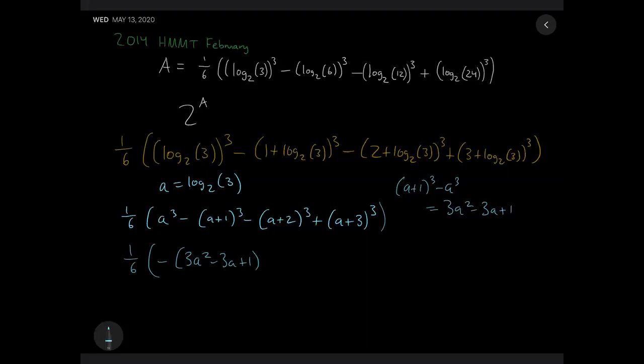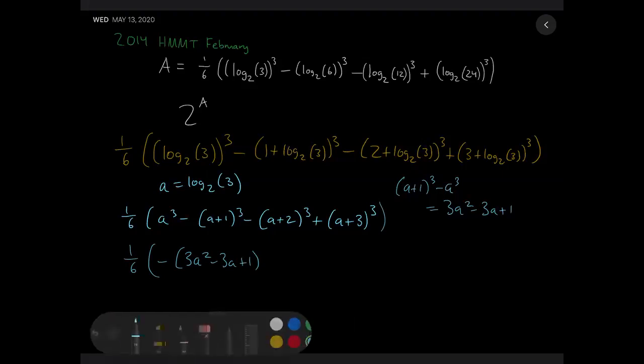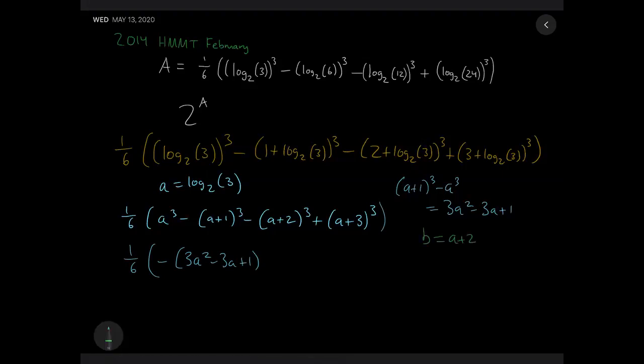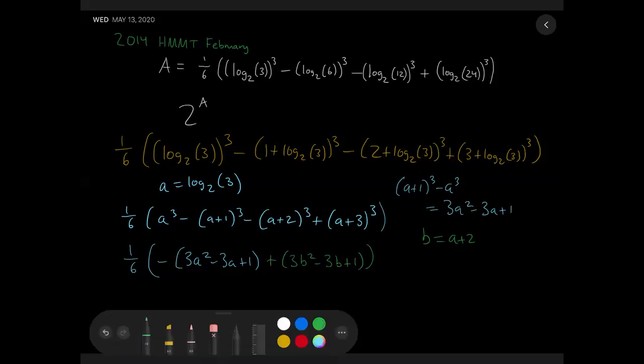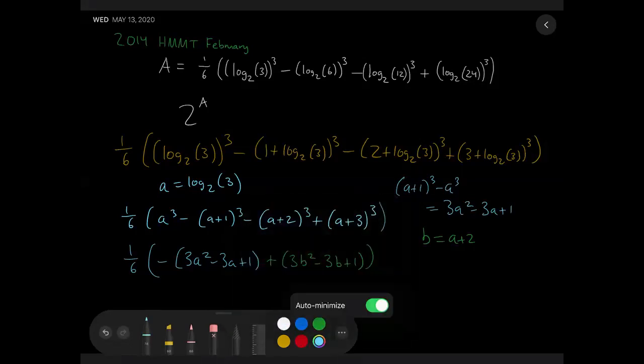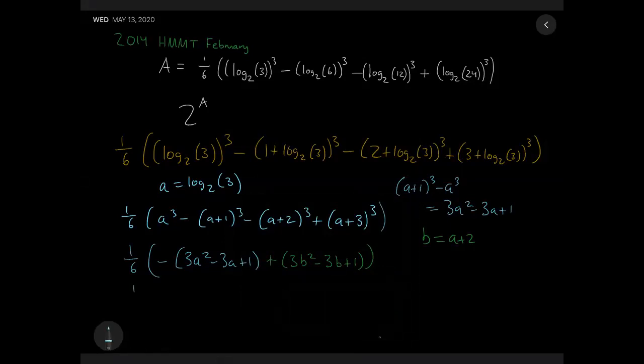It's just that we need to say, let's call it b. b is equal to a + 2, plus 3b^2 + 3b + 1. We can substitute our b back, and we'll get, let's minimize this again, 1/6.